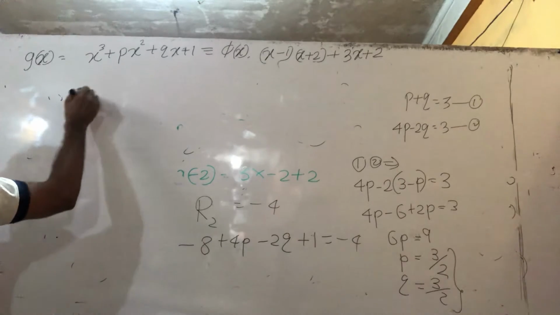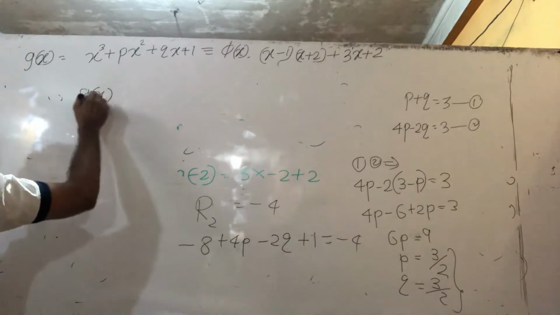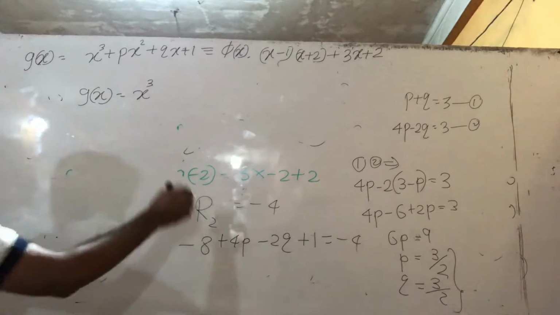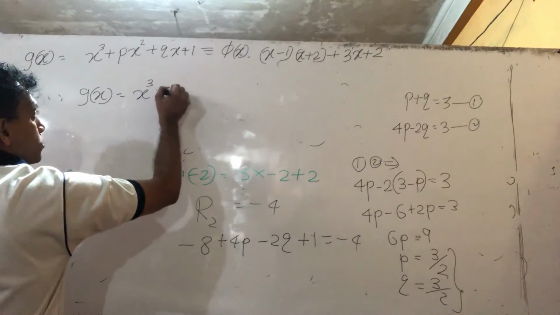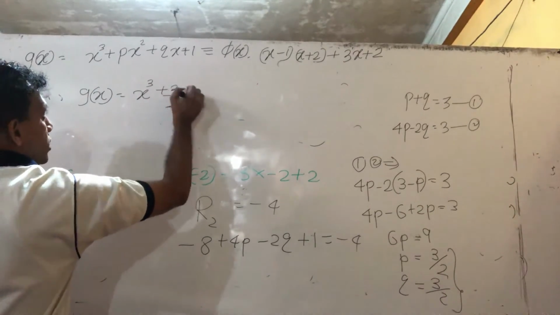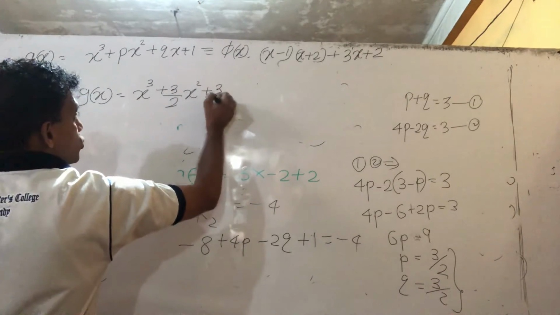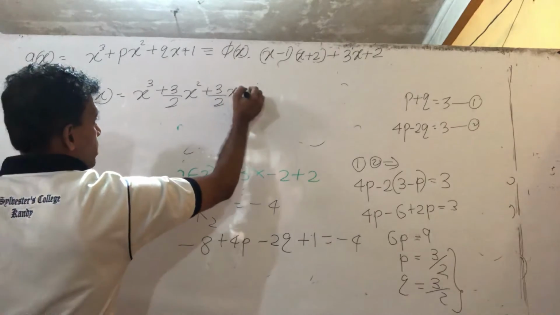Therefore g(x) equals x cubed plus 3 over 2 x squared plus 3 over 2 x plus 1.